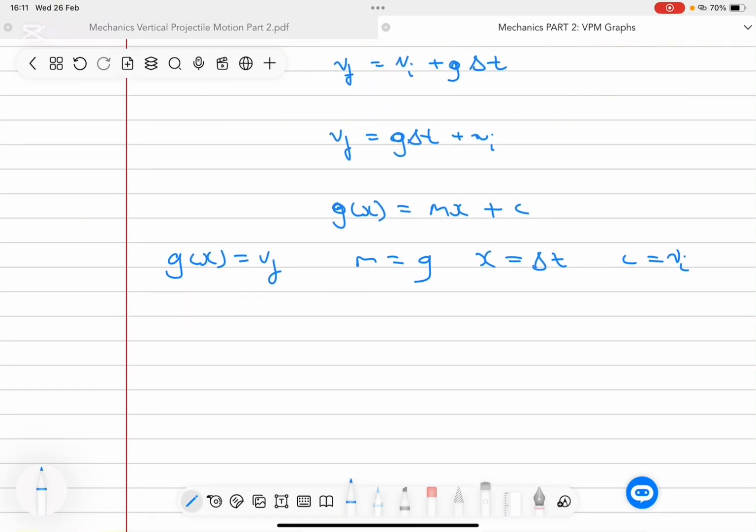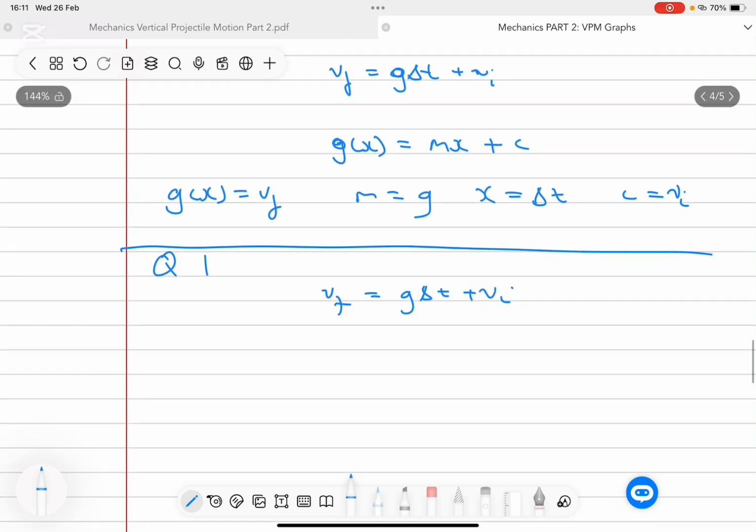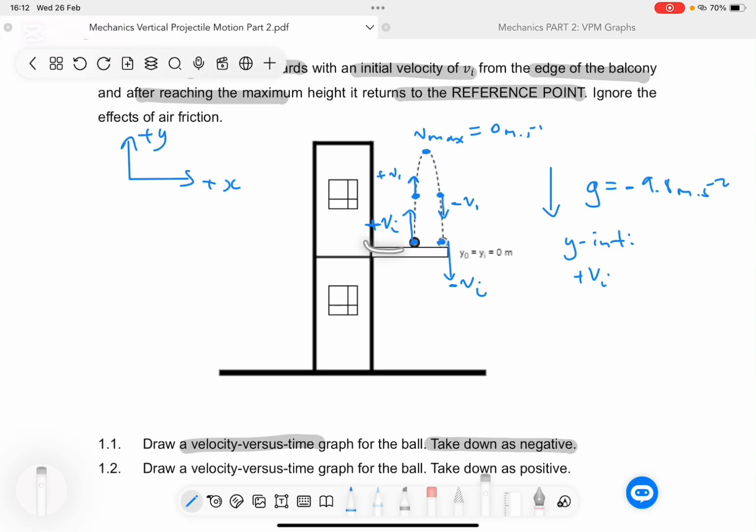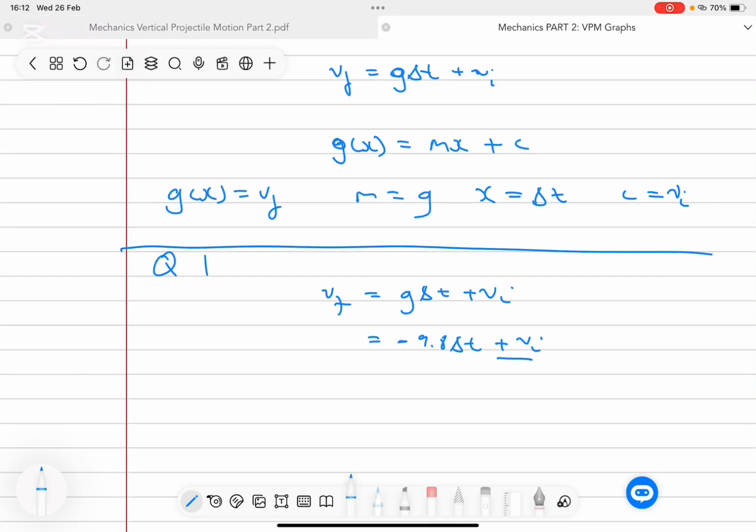I'm just going to draw a line here so that we do question 1 properly. We are using the equation V final equals g times change in time plus V initial. And we are saying here that we have negative 9.8 multiplied by time, and we have here positive VI. Remember, this VI here is positive.